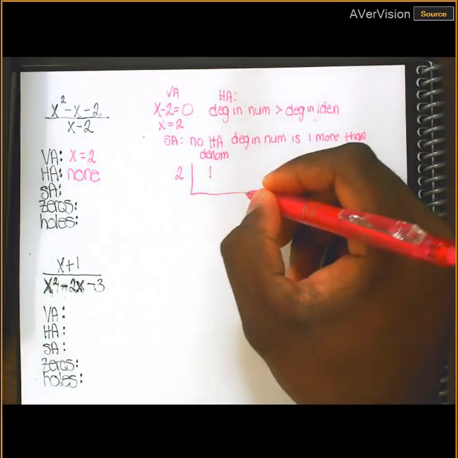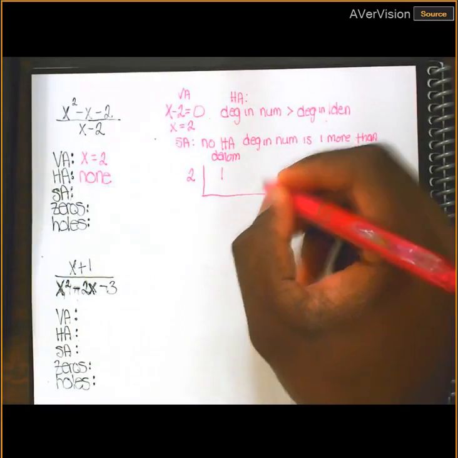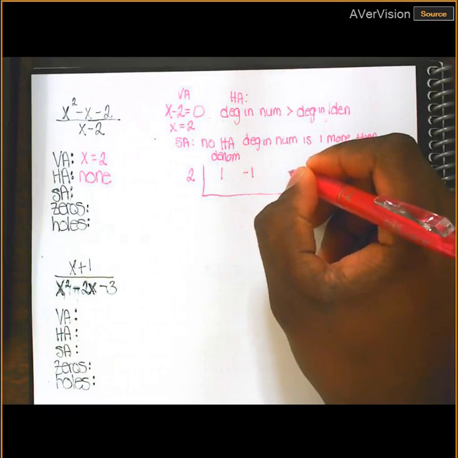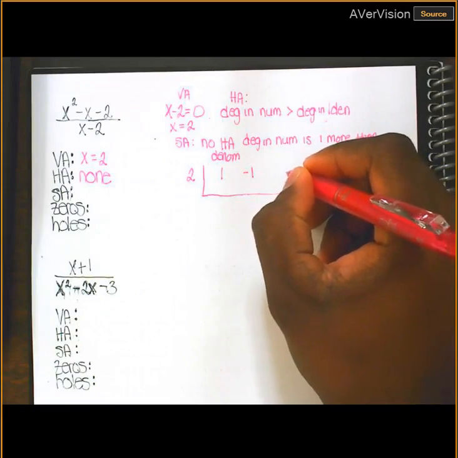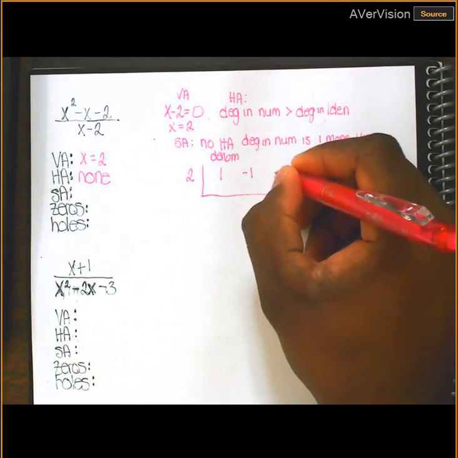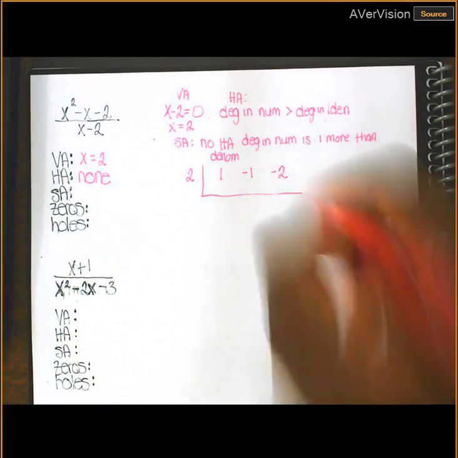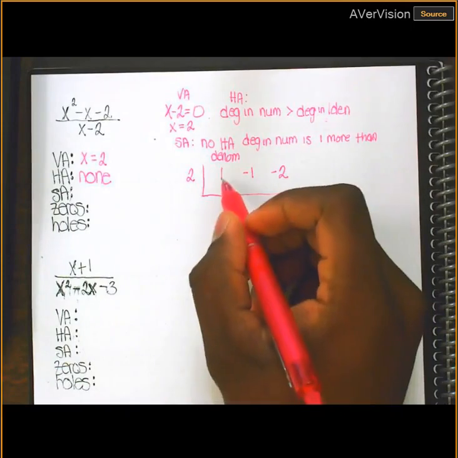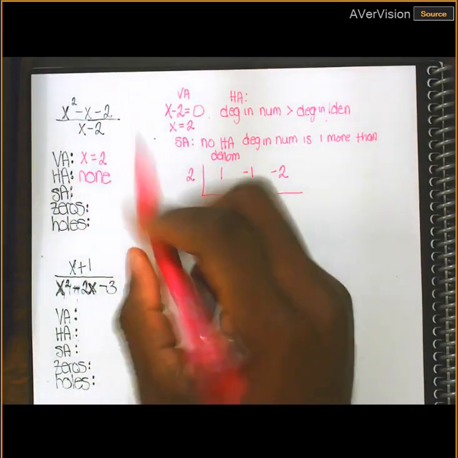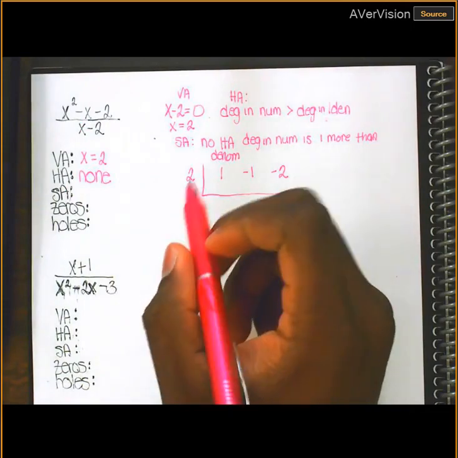What else? -1. And -2. Remember, we get these numbers from the coefficients of the numerator. And we do not skip terms.